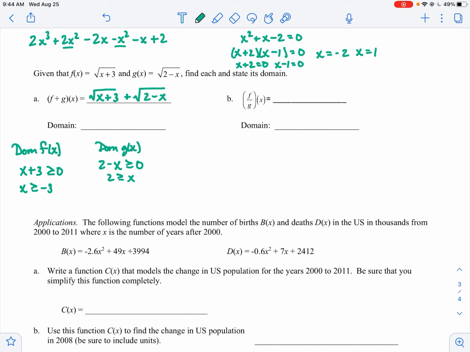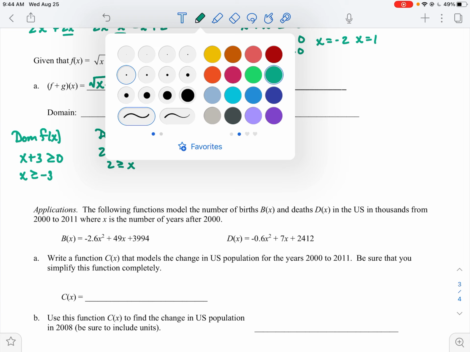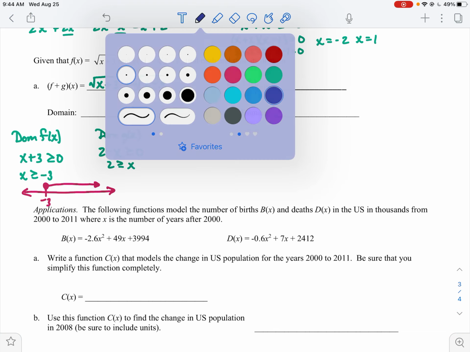So now when I go to do the domain of the sum, I basically want to look at both of these. And so a lot of times one thing that's nice and easy to do is think about number lines. For f, it's saying that I can do anything from -3 and above, right? And then for g, change colors for g.